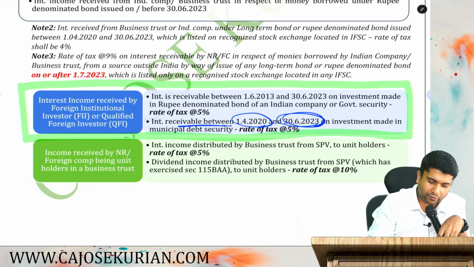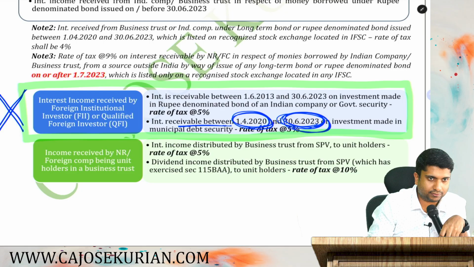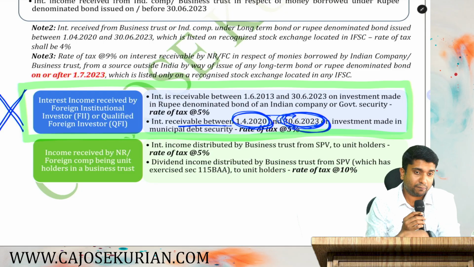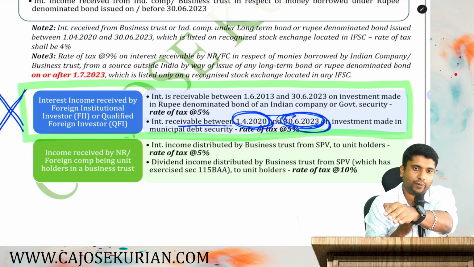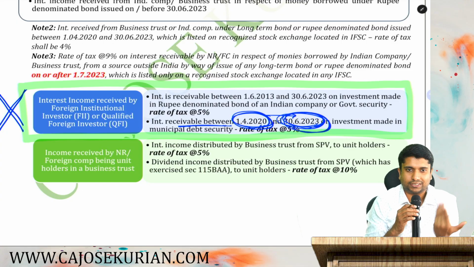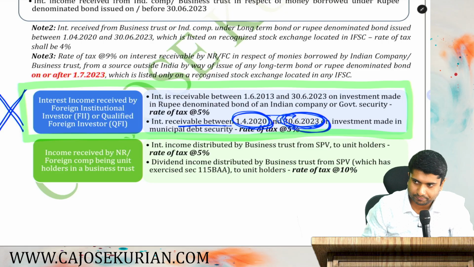This blue chart you wouldn't have to study, because it is not investment based. It is based on the payment date, and that is not active right now. The interest received between 2020 and 2023. Our relevant PY is anyways 24-25. So this is actually not applicable for us.